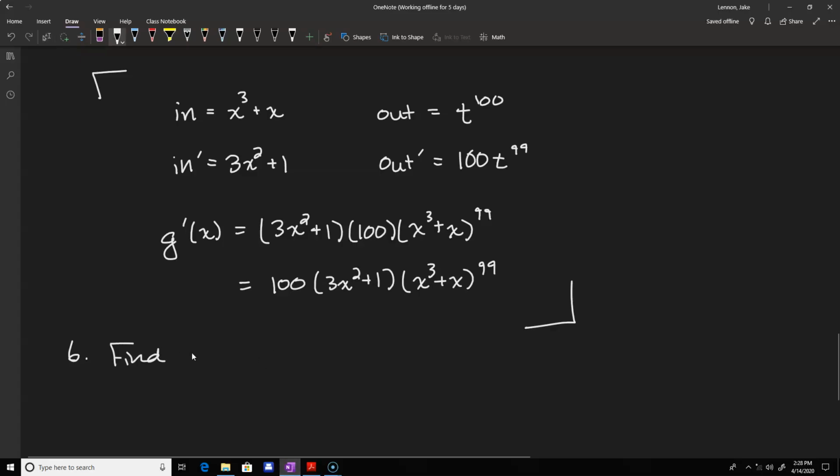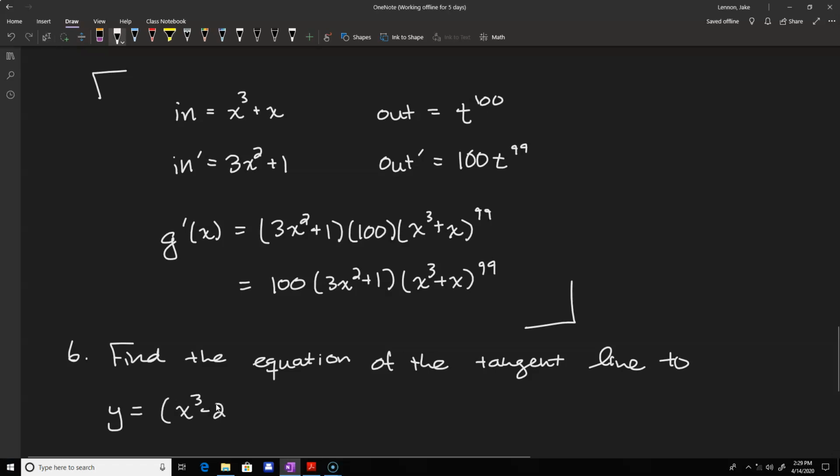Find the equation of the tangent line to y equals x cubed minus 2 to the 4th at x equals 1.